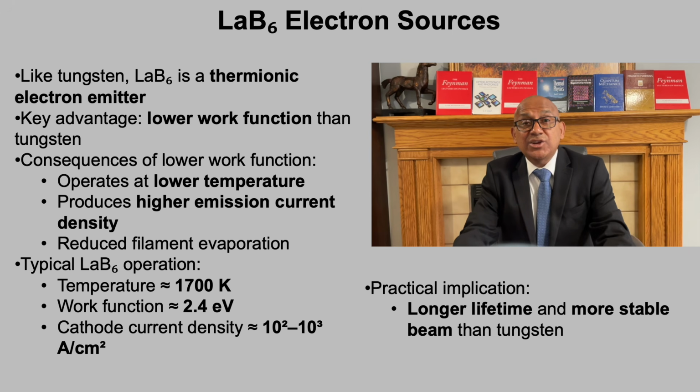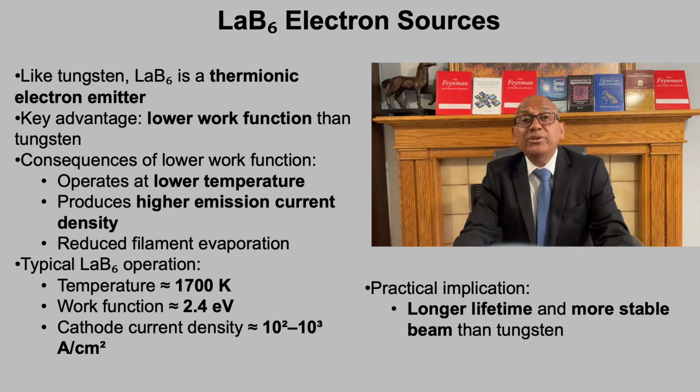In typical operation, LaB6 filaments run at around 1700 Kelvin compared to roughly 2700 Kelvin for tungsten. The work function is about 2.4 electron volts, almost half of that of tungsten, and this difference has a dramatic effect on emission efficiency.